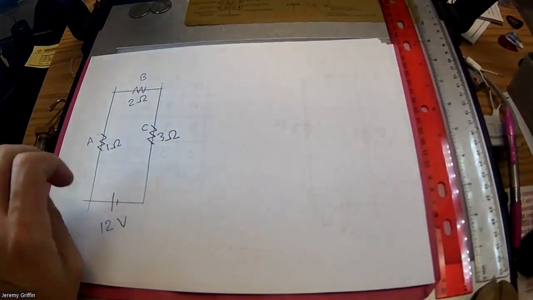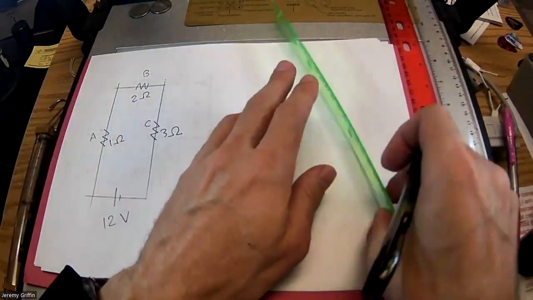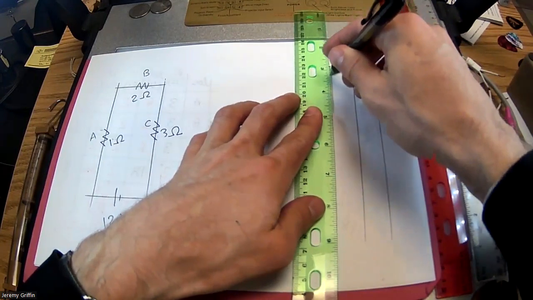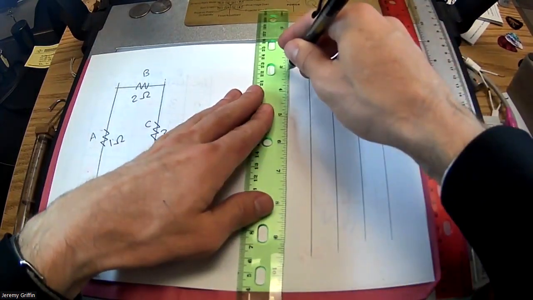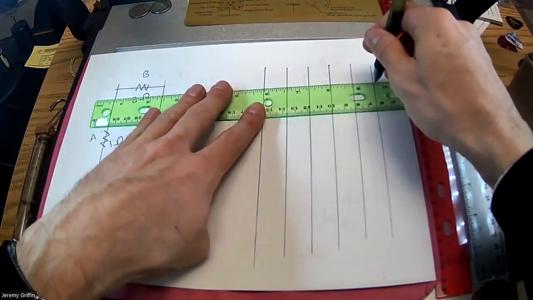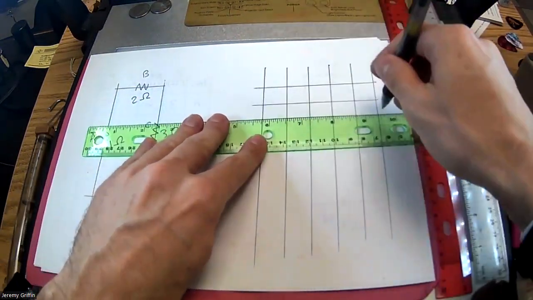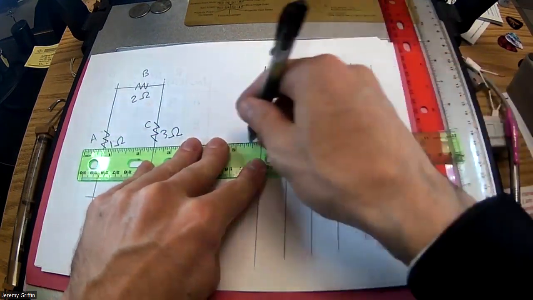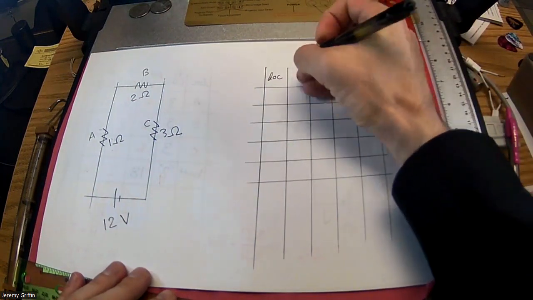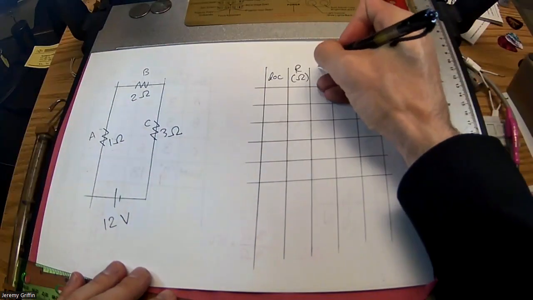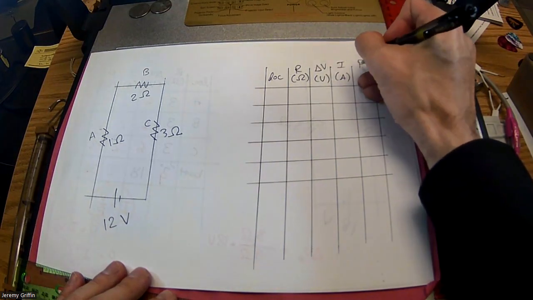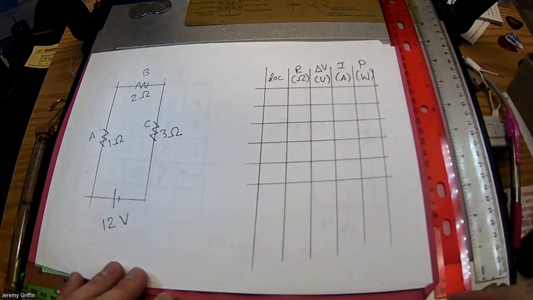Now let's make a whole Kirchhoff table. Got locations, resistance in ohms, potential difference in volts, current in amps, power in watts.